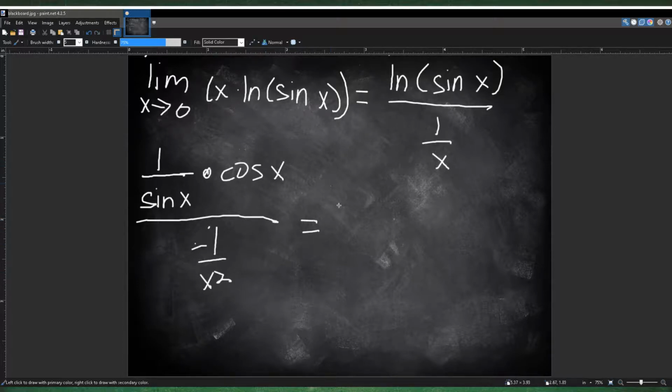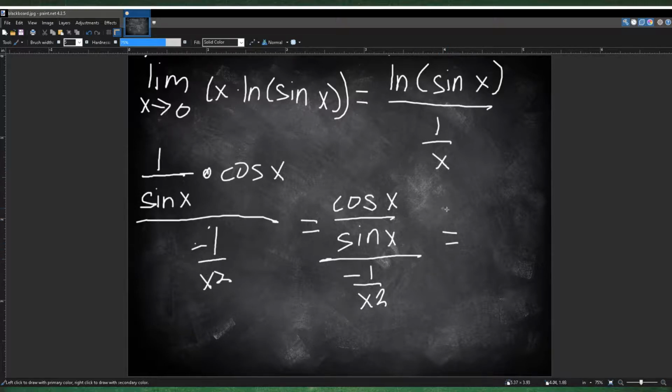So basically, this is just cosine of x divided by sine of x, divided by negative 1 over x squared, which is basically the same thing as negative x squared times cosine of x divided by sine of x. So is this an indeterminate form?